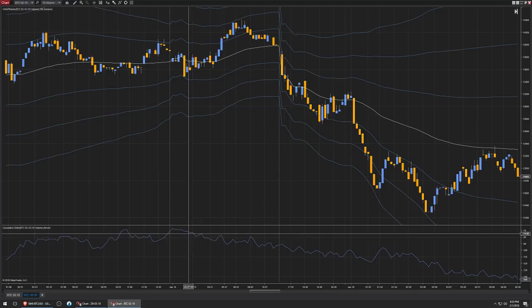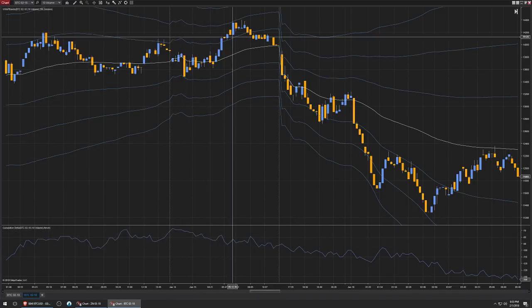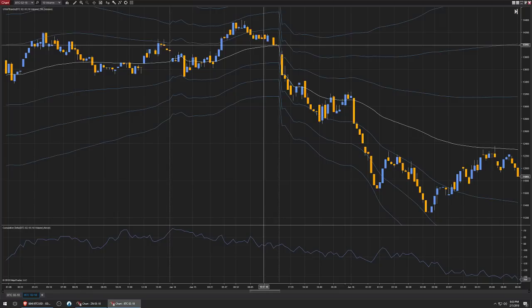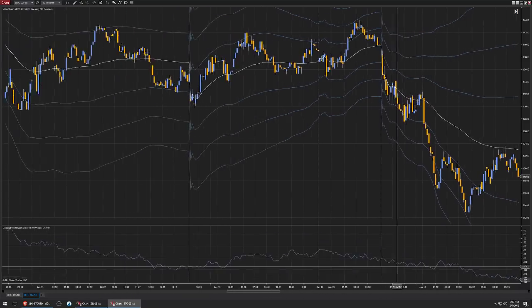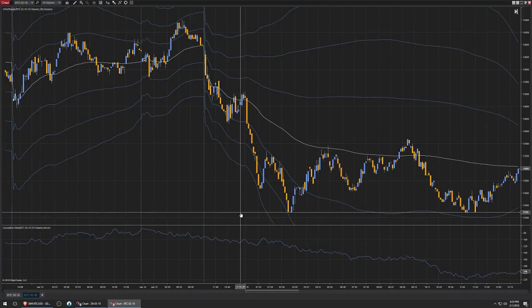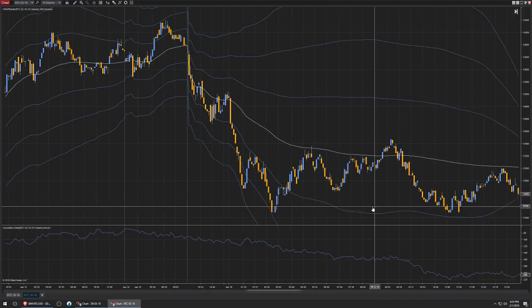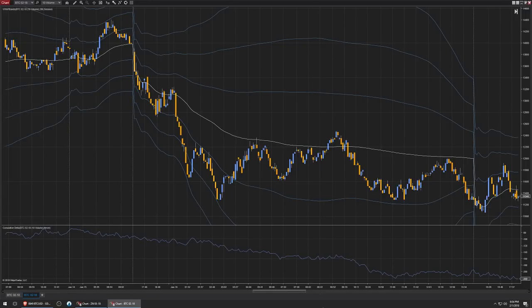They were actually selling pretty much all day, even though price went up, which is very curious because, again, usually price and cumulative delta tend to line up fairly equally. And what happened afterwards? Well, we all remember that, right? So that was the first indication that we were really in trouble.